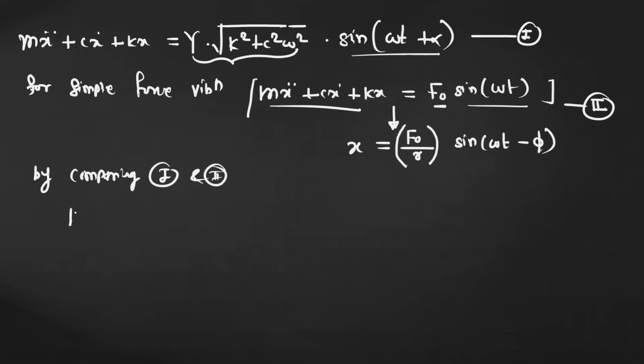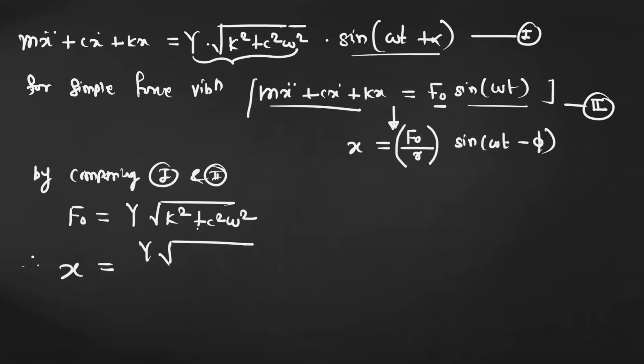so we can write F0 as Y square root of k square plus c square omega square, and therefore this x value we can write as Y into, just put F0 as, square root of k square plus c square omega square upon small r, sin(omega t plus alpha).